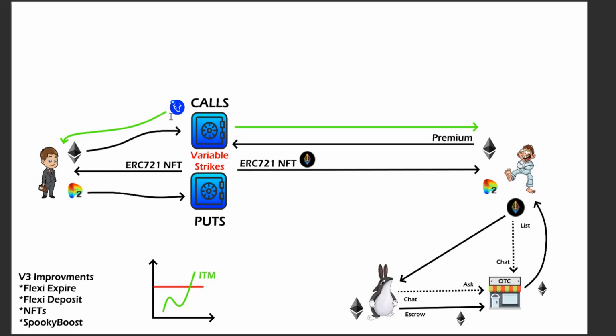Now, this is what set DOPEX apart, was they had this rDPX token, which is called a rebate DPX token. Because he lost money, they wanted to reward him. They wanted to give him some tokens. So they give him these rDPX.